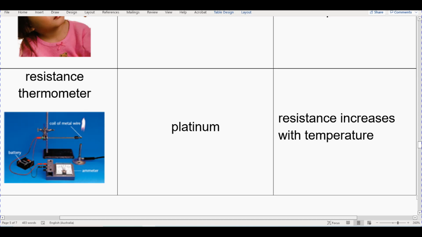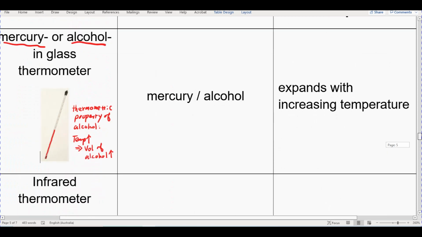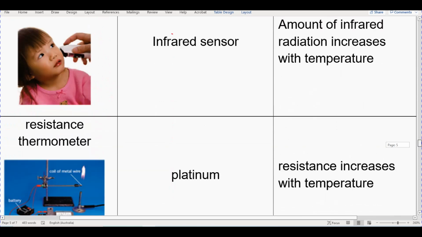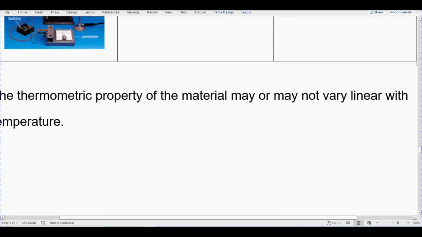So you use this thermometric property to design a thermometer, which is called a resistance thermometer. Okay, good. So these are the thermometers. You just need a very rough idea, that's it.